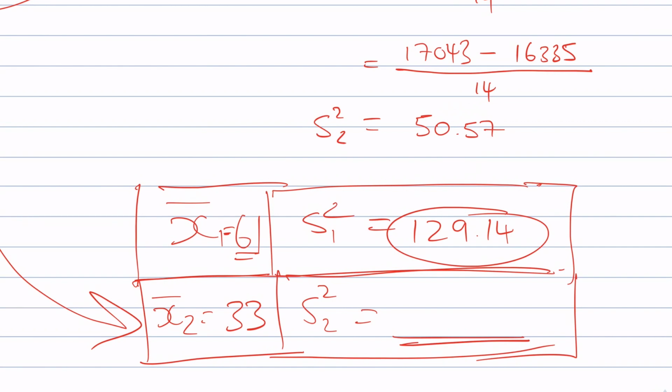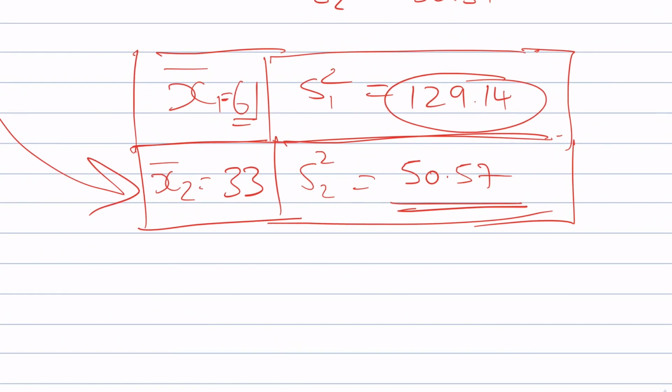Okay, we are back now, and I've just worked out the variance for the second population. That is 50.57. So what does this mean?